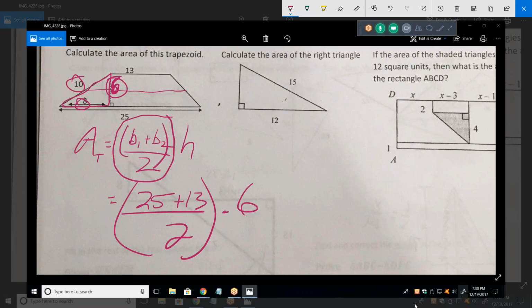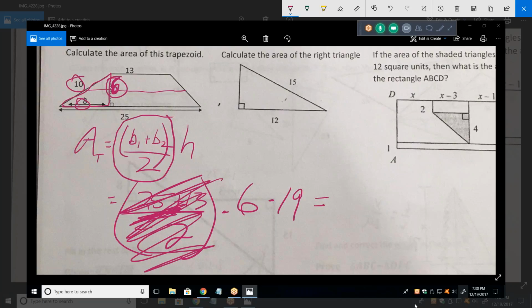Now if we do this math, we get 38 divided by 2, which is 19 times 6. Then I got 189. 19 times 6 is not 189. Hold on. Let me do it again. 25 plus 13 is 38. 38 divided by 2 is 19 times 6.